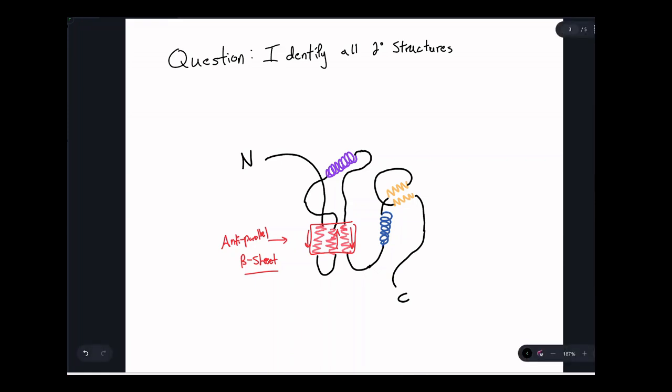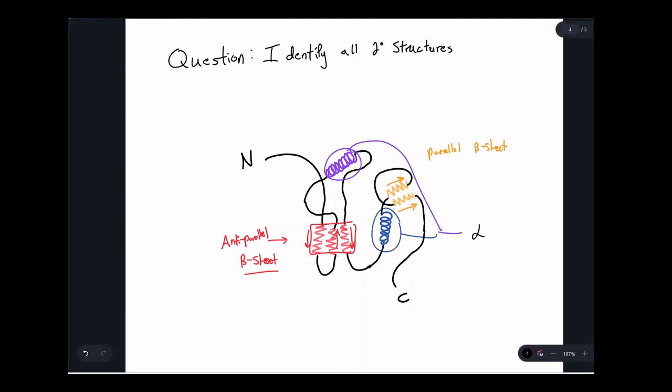The other beta sheet over here, if we take a look at the sequence, so if we follow the sequence all the way here, we're going this way, we do a big loop, and then we go this way. So they're both lined up with each other. These are parallel beta sheets. Then this and this are simply alpha helices.